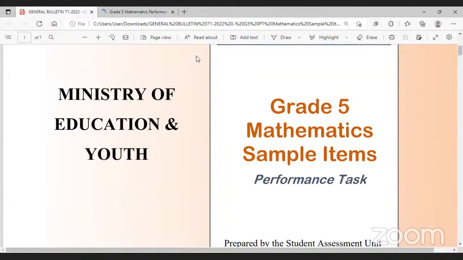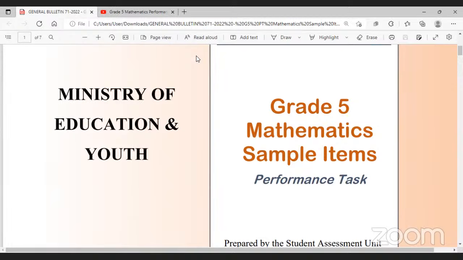We are looking at the grade 5 mathematics sample item that the ministry has provided. It is the 2019 past paper. Again, the only performance task that was administered to the grade 5 students was in 2019.